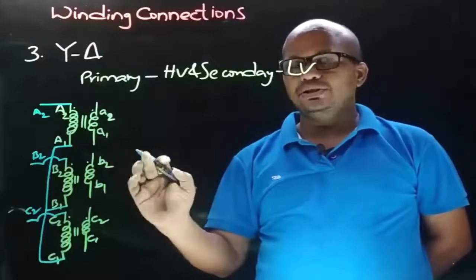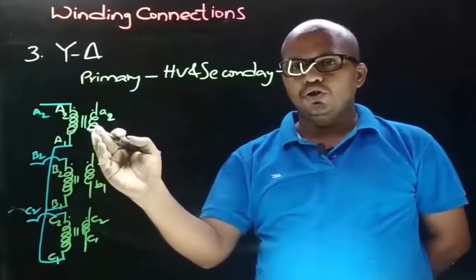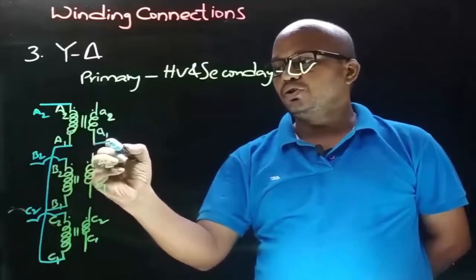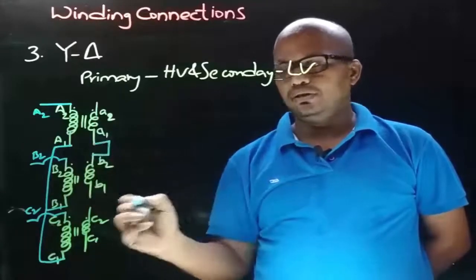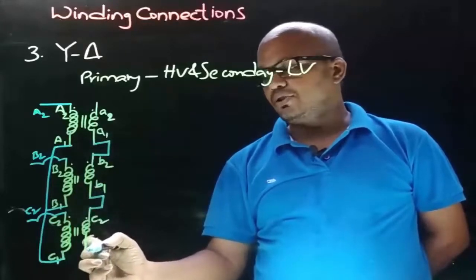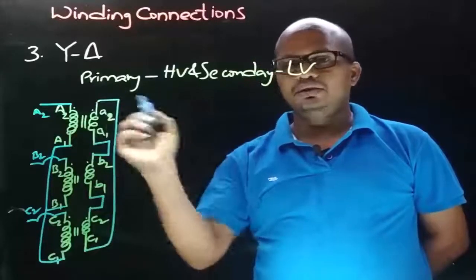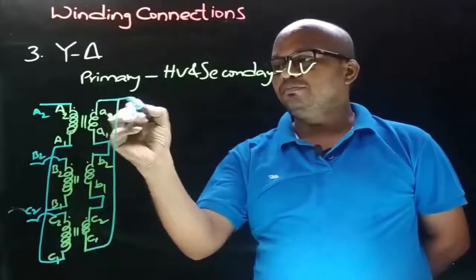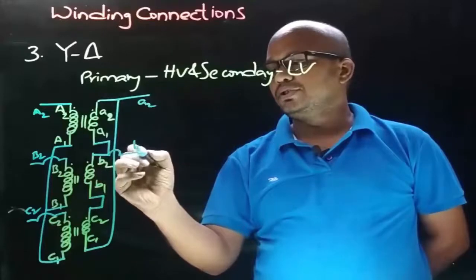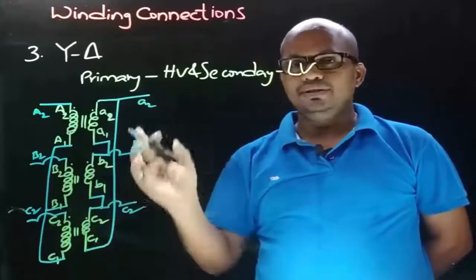So here let's join the finishing end of one coil with starting end of other coil, that is the non-dot end of one coil with dot end of other coil. So here we are joining the non-dot end of one coil with dot end of other coil, non-dot end of this coil with dot end of this coil. So here non-dot end of C coil with dot end of other coil, and let's take the connections from dot ends. So this is B2 and this is C2 on secondary side.